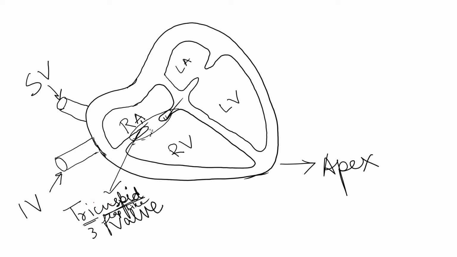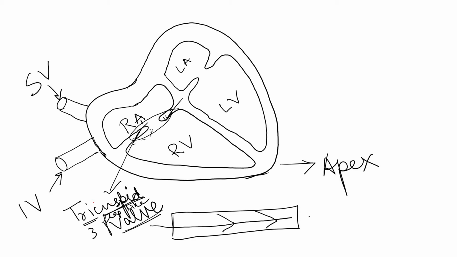Valve means those structures present in the blood vessels or in any part of our body, through which if a liquid passes, it's always in a one-way direction. Valves prevent the backflow of blood or any liquid.